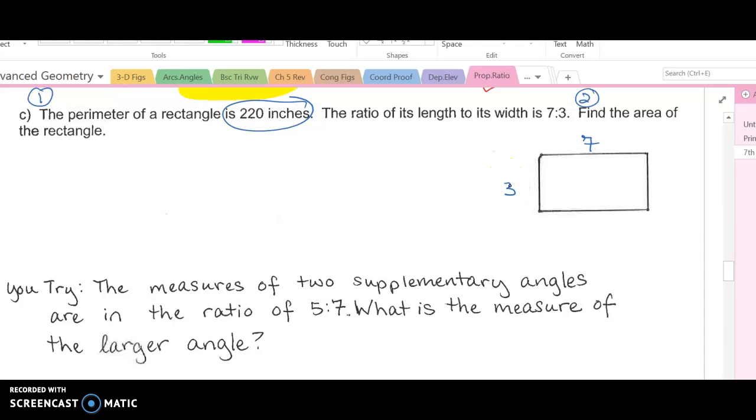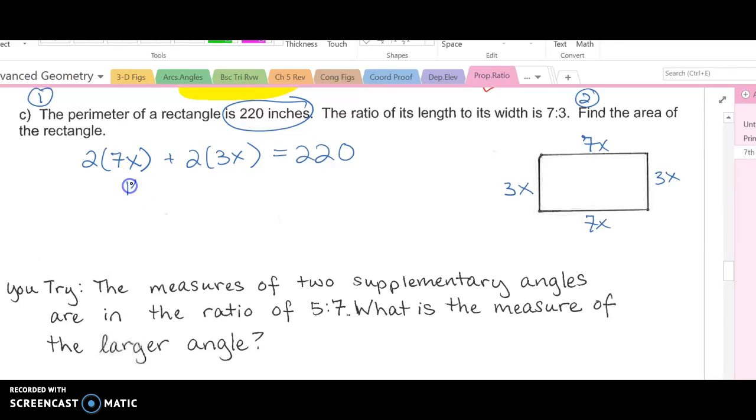And so let's think about this for a second. If this is 7x and this is 3x, to find perimeter of a rectangle, it's different than finding perimeter of a triangle, right? Because 2 of the sides are the same. So we're going to have 2 sides of 7x plus 2 sides of 3x for a total perimeter of 220.